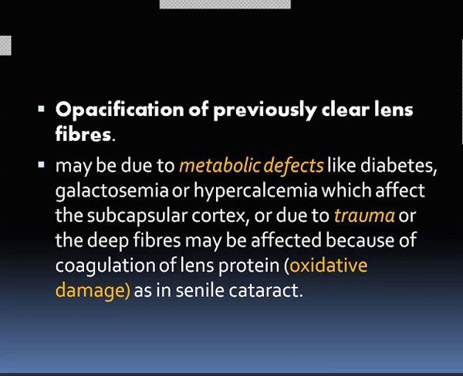That means metabolic defects, trauma, and oxidative damage lead to previously clear lens fibers becoming opacified. Metabolic disorders, mechanical problems like trauma, and the natural course of the aging process, that is the oxidative damage.